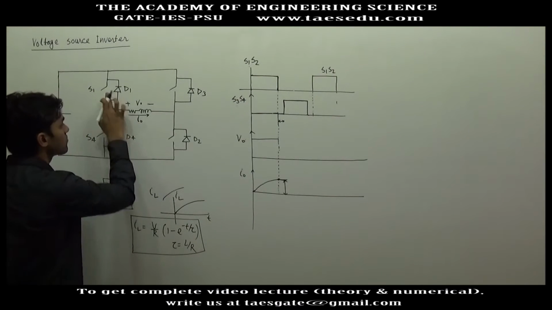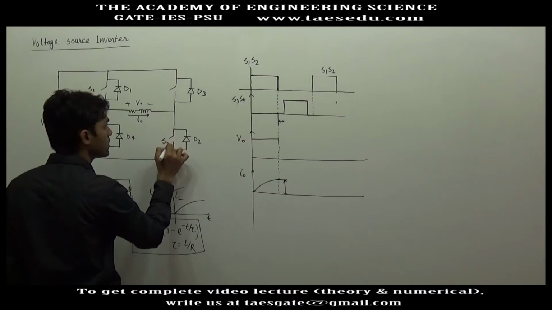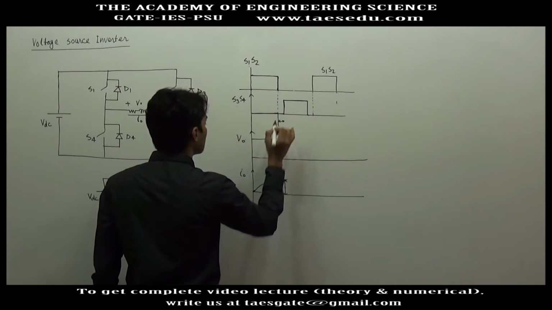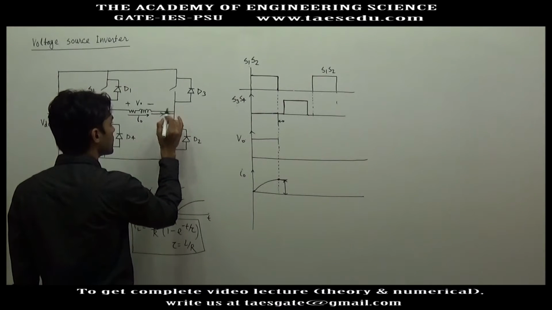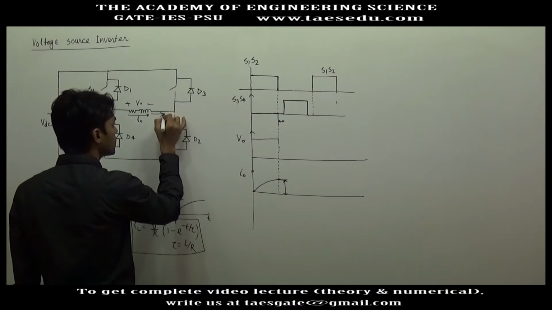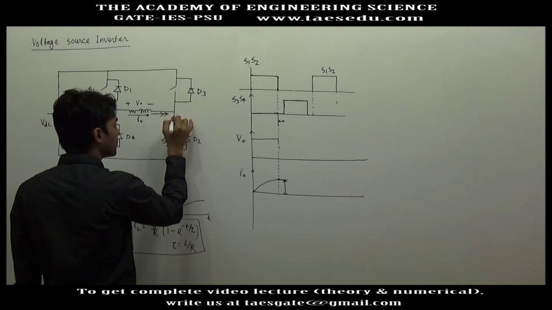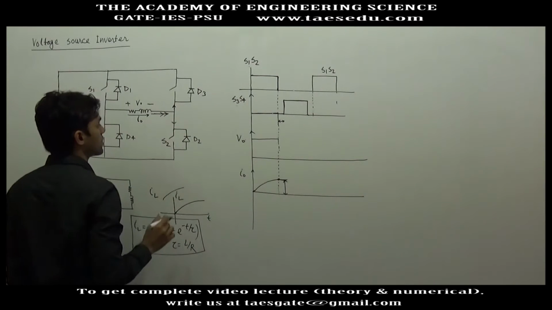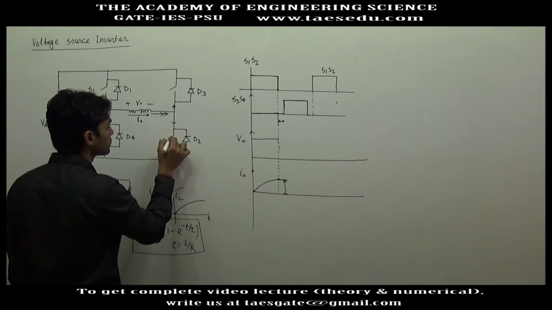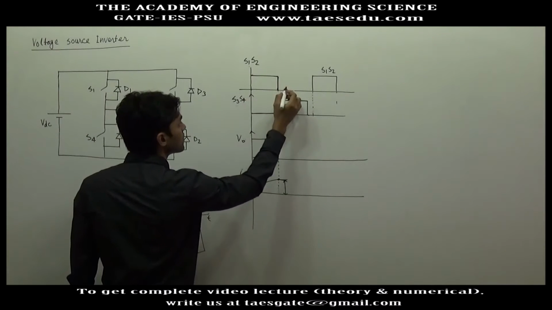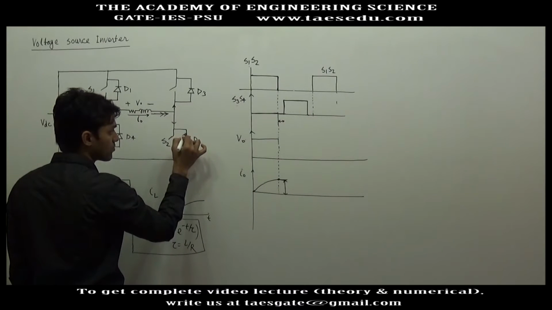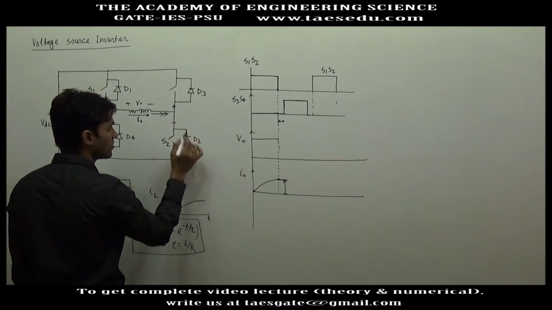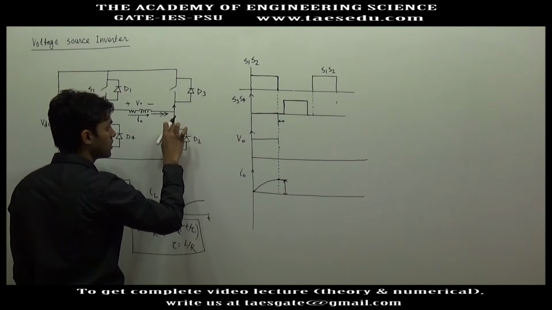Now if S1 and S2 are disconnected, what will happen in this interval? This current has to flow in the right direction, so here the current will be positive. Now the current may go in the upward direction as well as in the downward direction. In the downward direction S2 is not conducting in this interval, and the diode cannot support this direction of current, the diode will be reverse biased, so current cannot go in the downward direction.